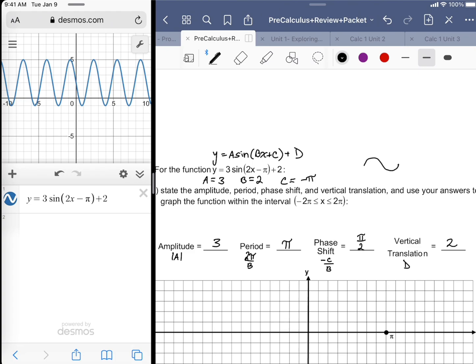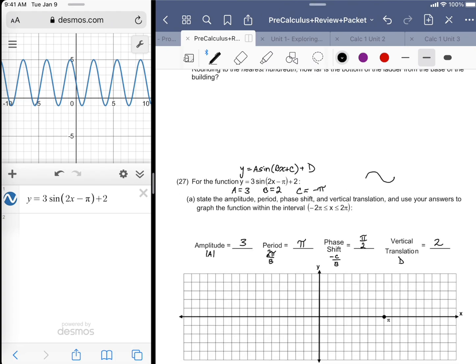What I would do if I were in your position is create a share link for this and submit it, assuming it was a question on a test that said create a graph. It'll never be a question on a test saying create a graph, but if you have a question that requires you to create a graph in order to solve it, so it doesn't explicitly say create a graph, but you want to solve the equation by creating a graph, then you'd submit your Desmos link. You wouldn't actually just draw it out.